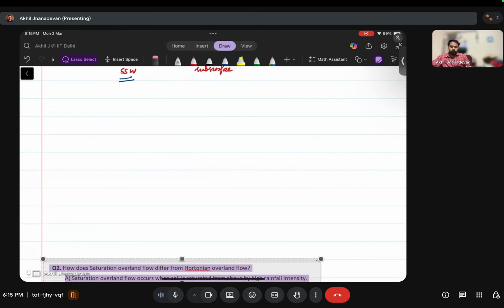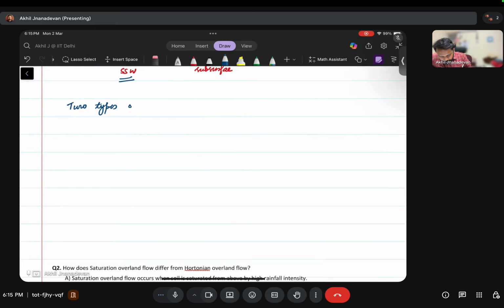During a storm, the precipitation that comes to the surface gets stored, and these storages can be of two types. The first one is the retention storage.